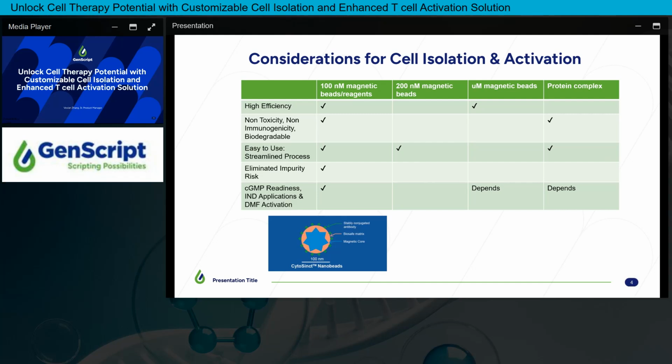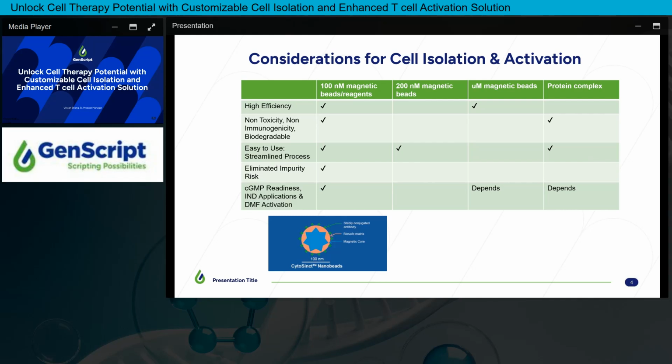And in the case of the Cytosinct cell isolation nanobeads developed by GenScript, it is a magnetic bead product composed of safe materials inside and a magnetic core, as well as stably conjugated antibodies on the outside.